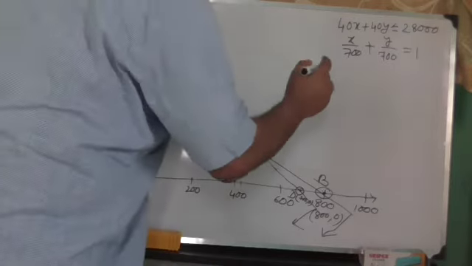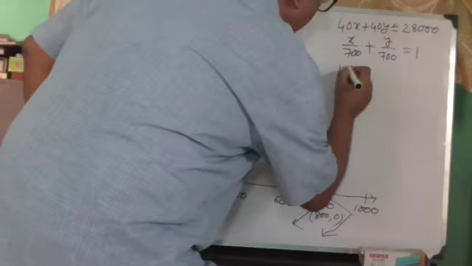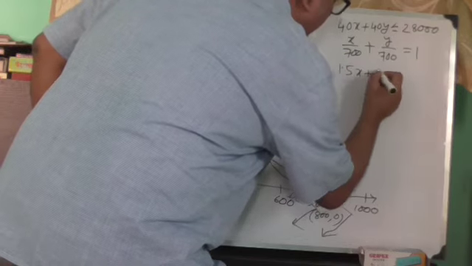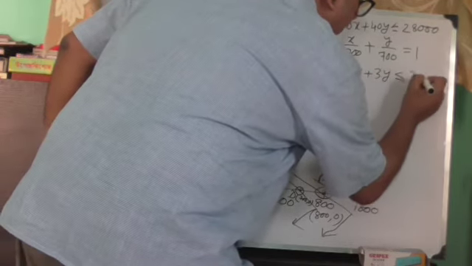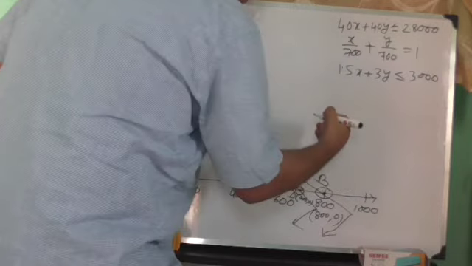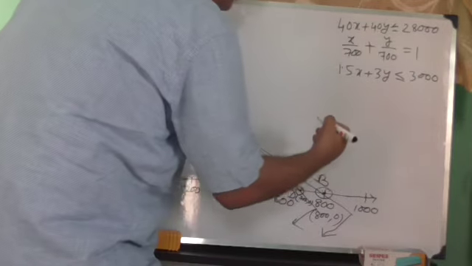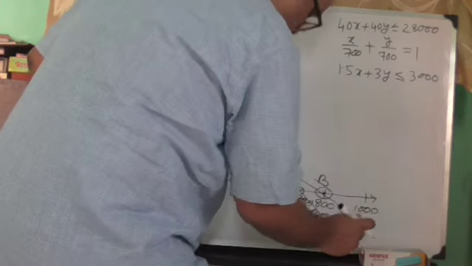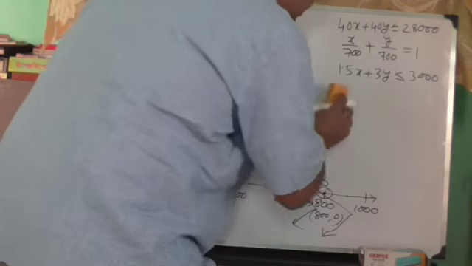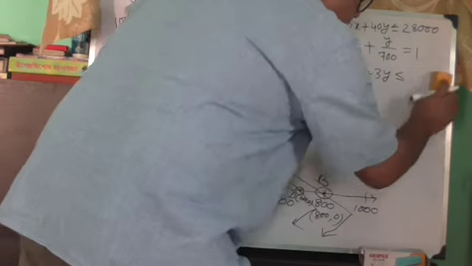The third constraint was 1.5x plus 3y is less than or equal to 1500. Sorry, not 3000, it was 1500.